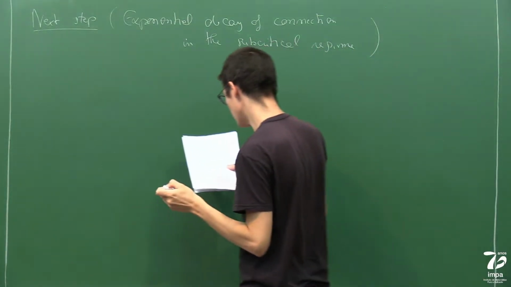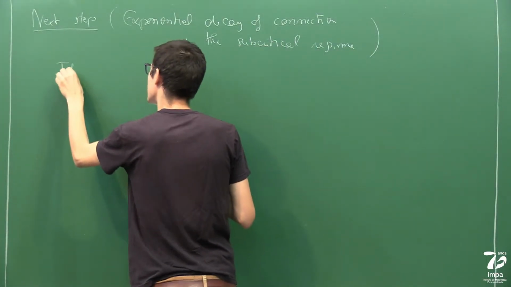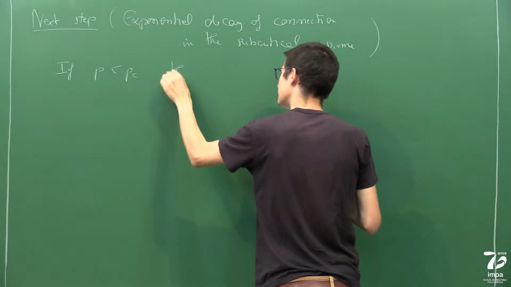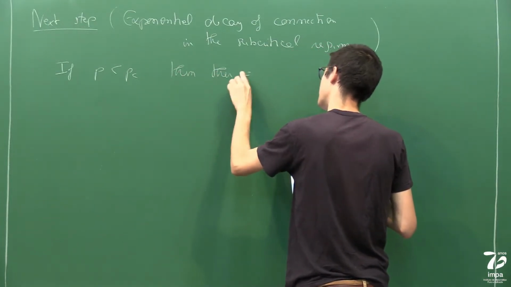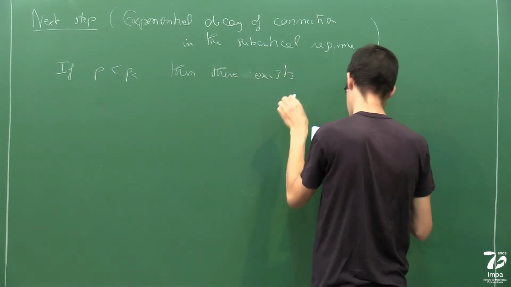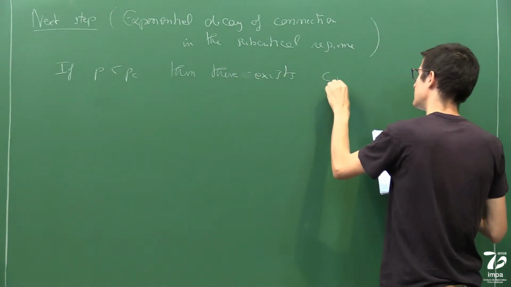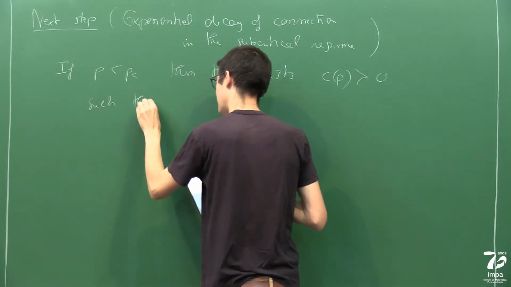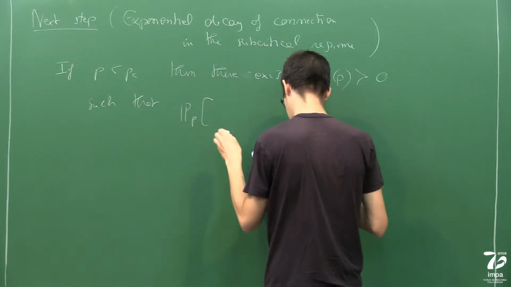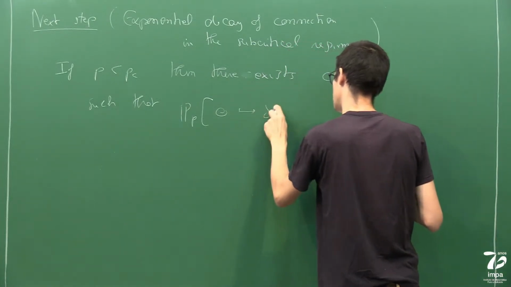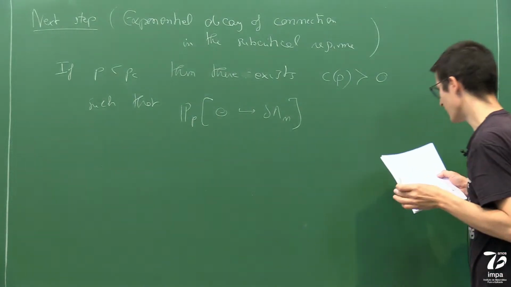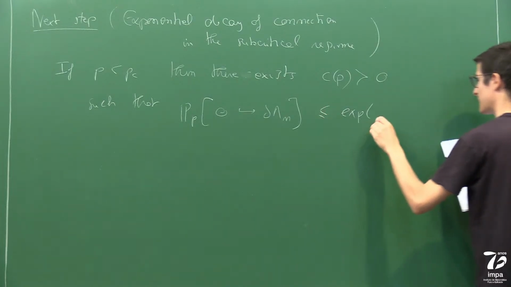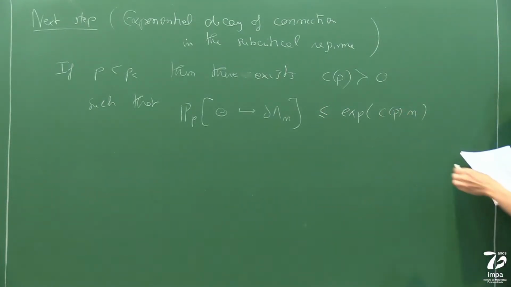So what we want to prove is that if p is smaller than p_c, then there exists c_p positive such that the probability that 0 is connected to the boundary of the box is smaller than exponential minus c_p n.